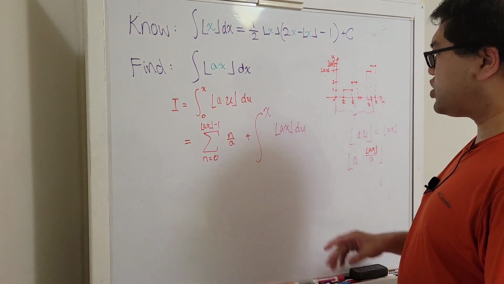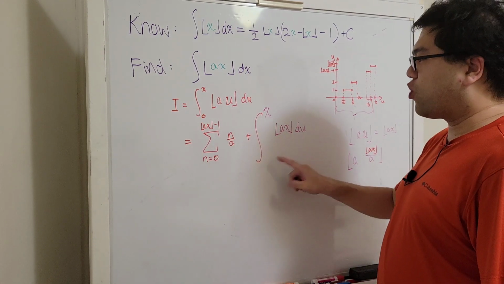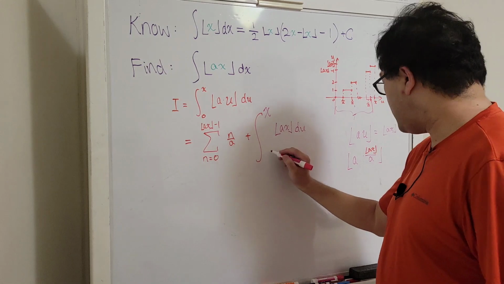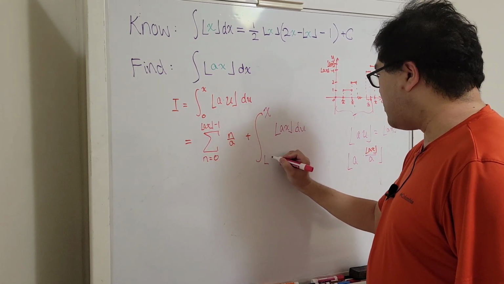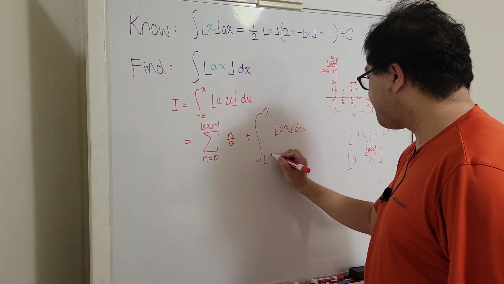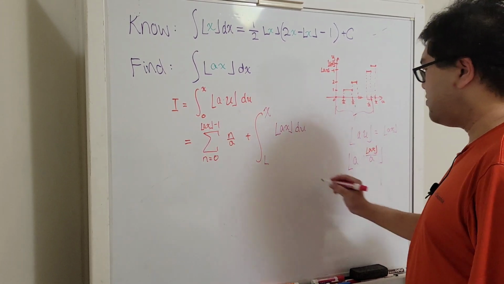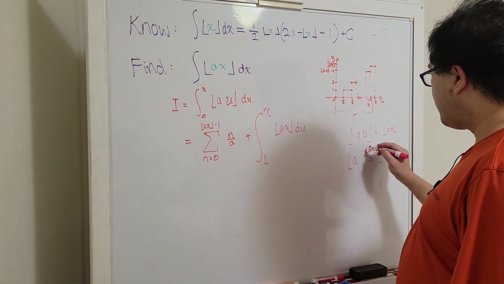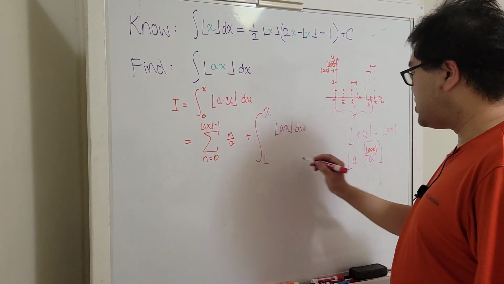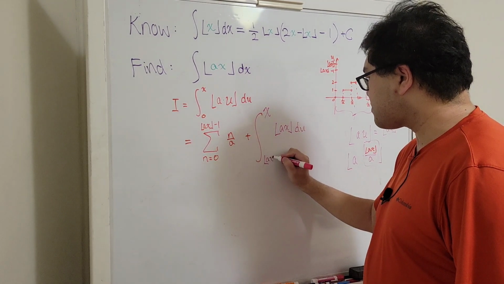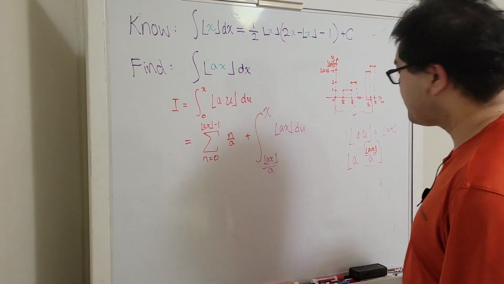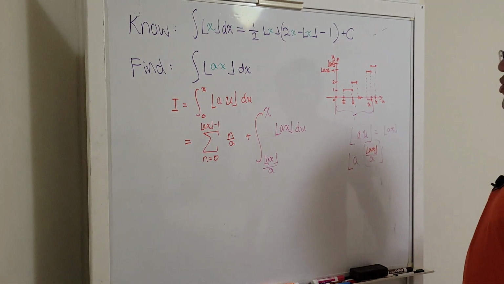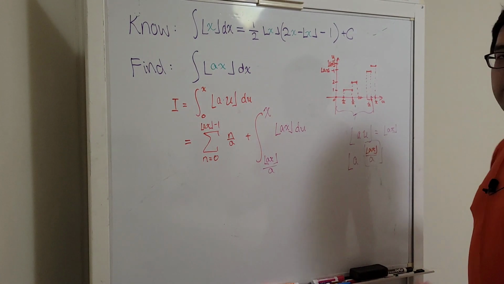So that's how we can find the lower bound of this partial integral here. So what's our lower bound? The lower bound will now become just the u value that we have, which is the floor of ax all over a. Good. So we're going to continue.